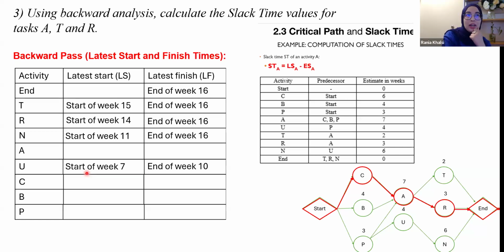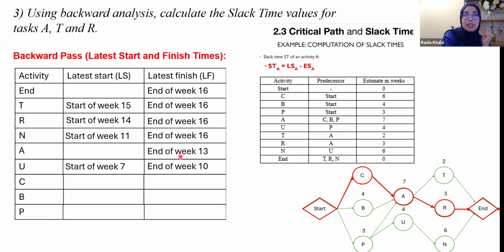Now, what activity do we have next? We have activity A. Where is activity A? This one. If we move in the backward direction, activity R started at the start of week 14, which means the activity just coming before R, which is A, is going to finish just before activity R starts. So activity A has the latest finish at the end of week 13. Next we have the start of week 14.